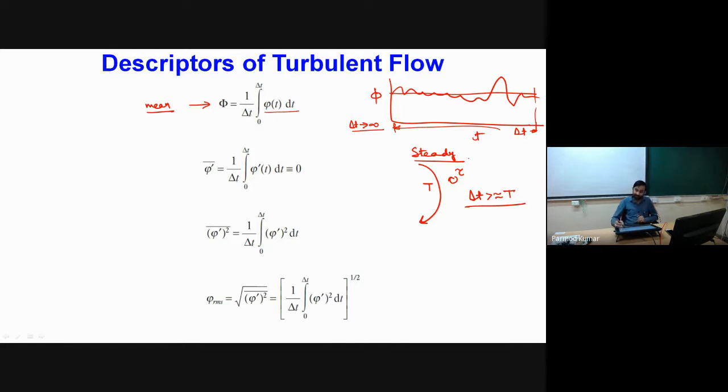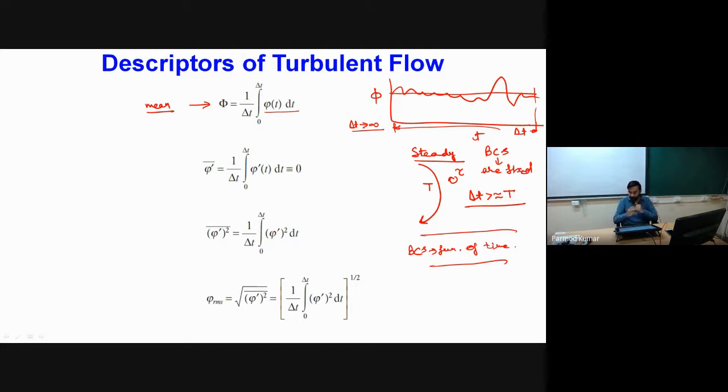But steady means our boundary conditions are fixed, so they are not changing with time. We may have situations where our boundary conditions are a function of time. In that case, we will not be able to define some delta t period over which we can take the average. Why?